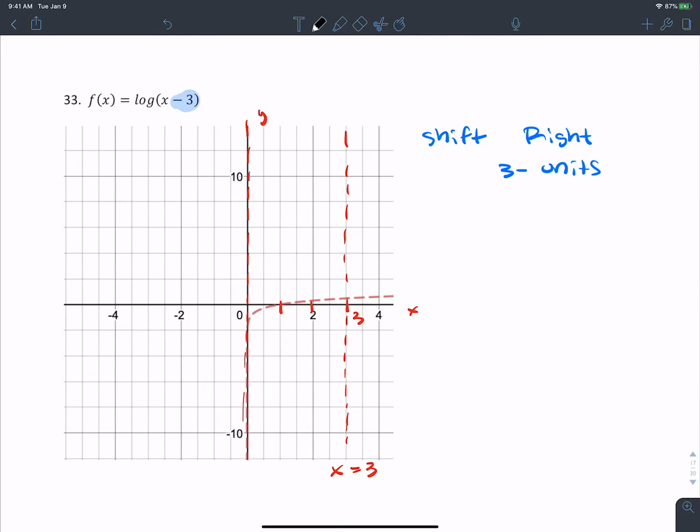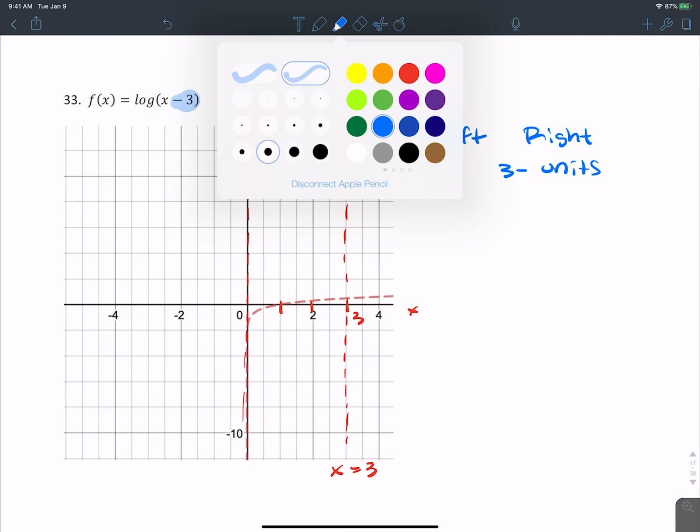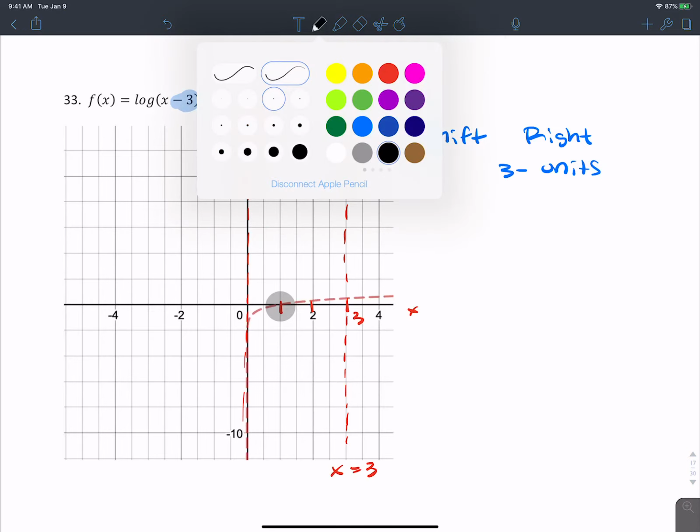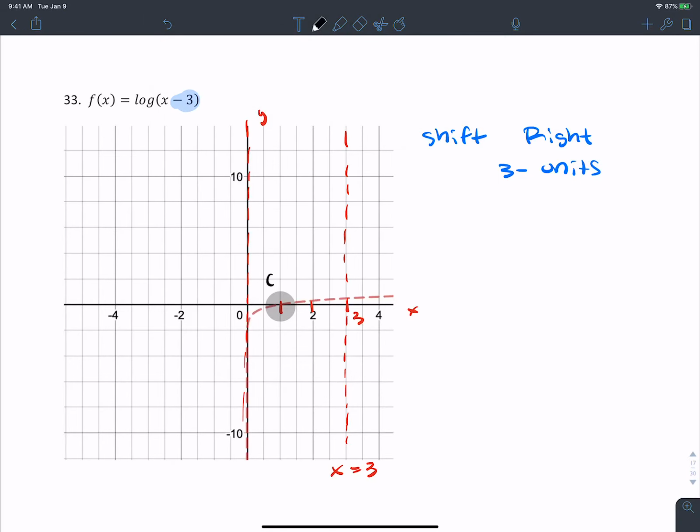Now I also want to remark about the log function. We do have a reference point. This point here has an address. That's the address 1, 0. Now that's important because the log curve then is always to the right 1 unit. That'll make this point, if I move 3 units to the right, this is my new reference point. That's 4, 0 there.